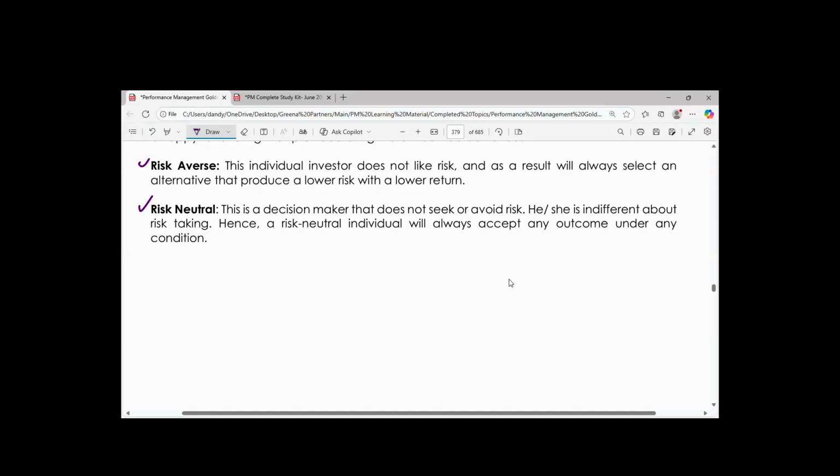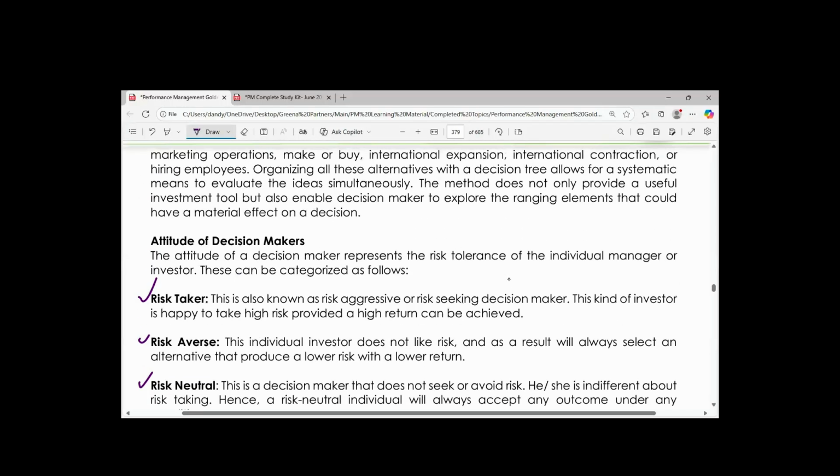I don't look for risk, and when the risk comes to me, I don't avoid it. That is a risk neutral. Hence, a risk neutral individual will always accept any outcome under any condition or state of nature. So this is the attitude of a decision maker to risk.